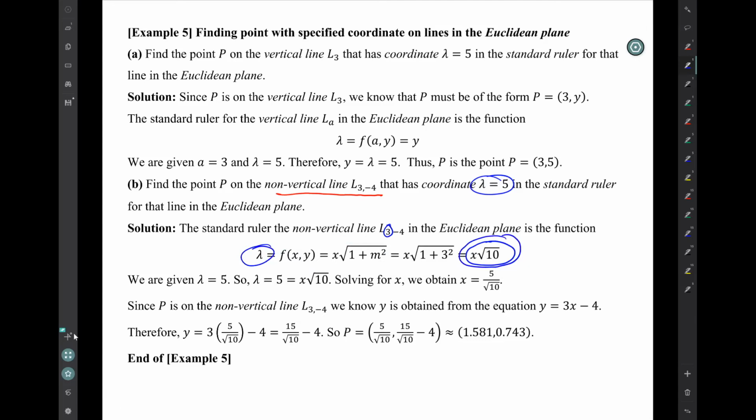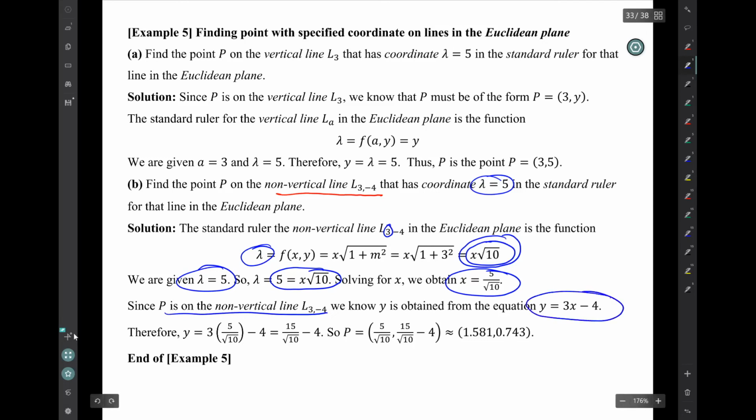That's the ruler function. Now we are given lambda equals 5. That's the value of the coordinate that you get when you do that calculation. When you solve that equation for x, we obtain that x is 5 over square root of 10. Now, that's the x-coordinate of P. How do we get the y-coordinate? Well, P is on a non-vertical line, so that means that it's got to satisfy this line equation.